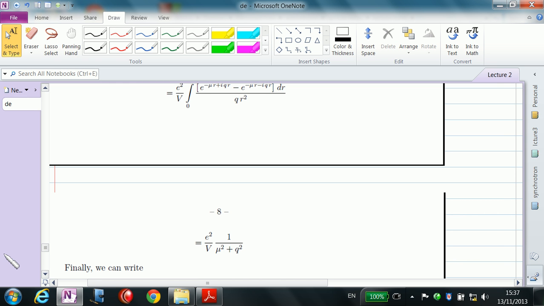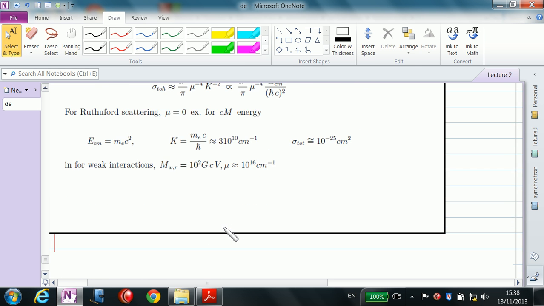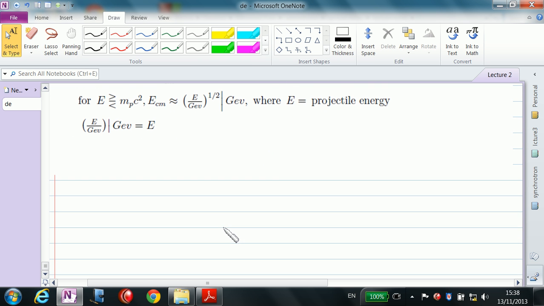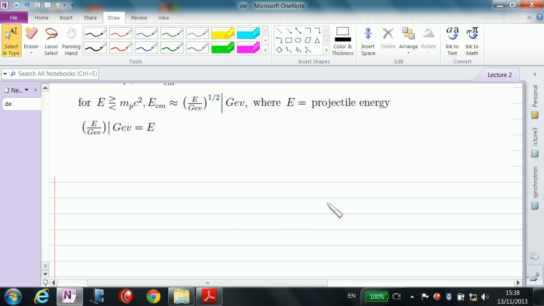It's any decay process, you find the decay rate using Fermi's golden rule. But I think that I'm just going to skip this because there's so much in the course.